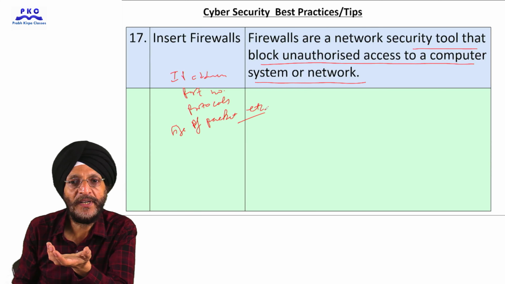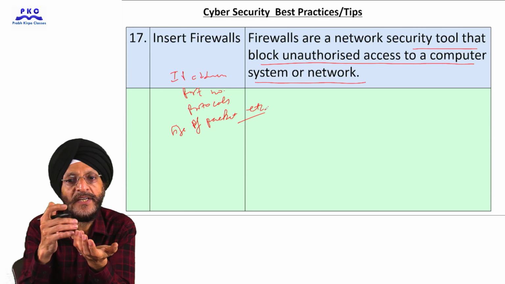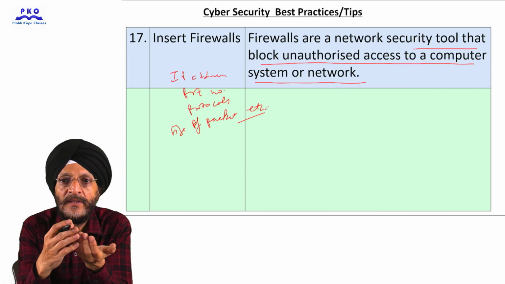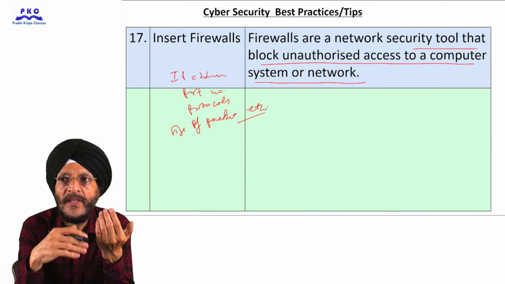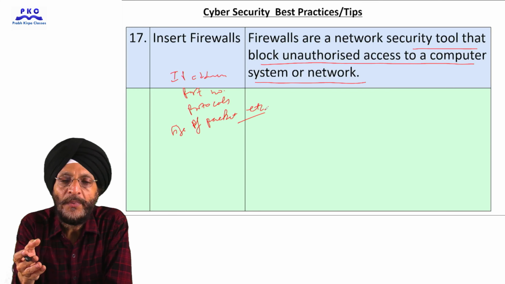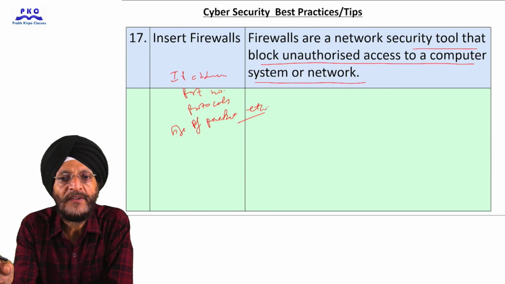A Windows operating system typically has its own firewall. Then the Mac operating system also has its own built-in software firewall.